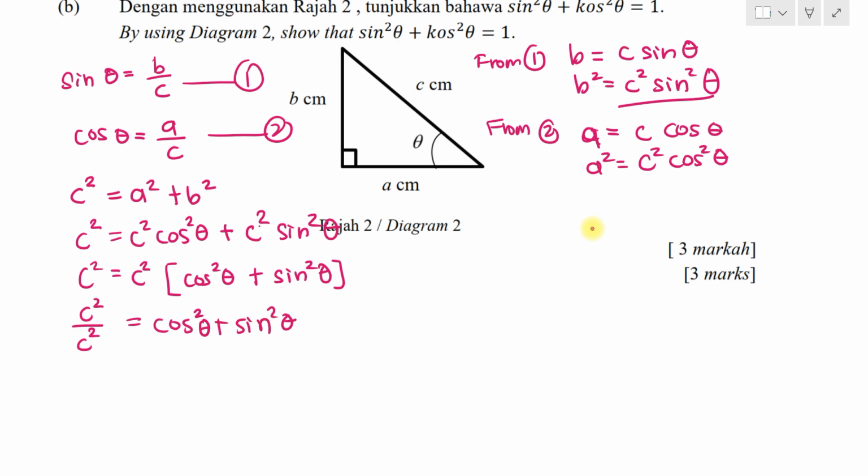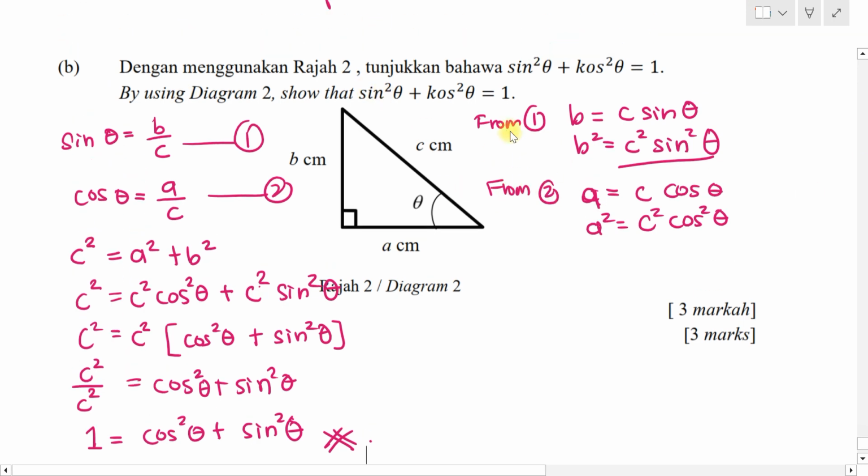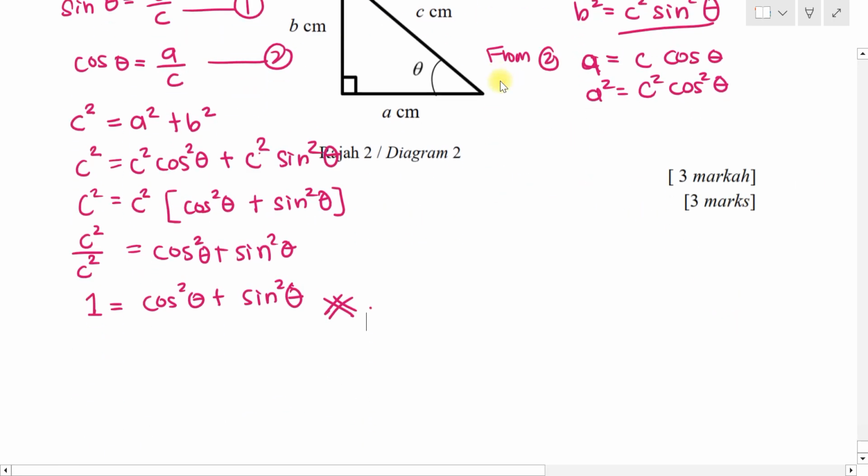Cos square theta plus sin square theta. So 1 is equal to cos square theta plus sin square theta. Alright, we proved it. Think and do, not bad, right? Alright, let's move on to the next question.